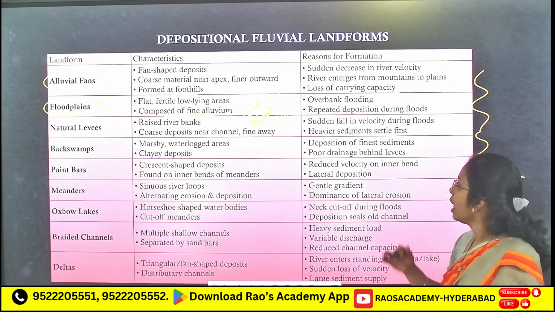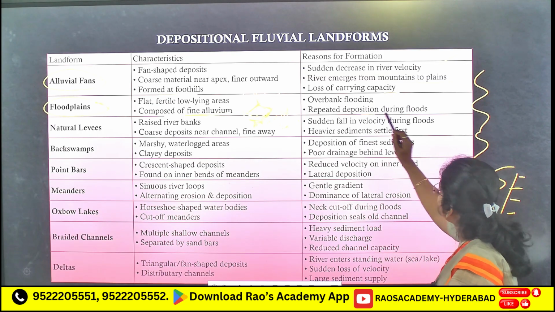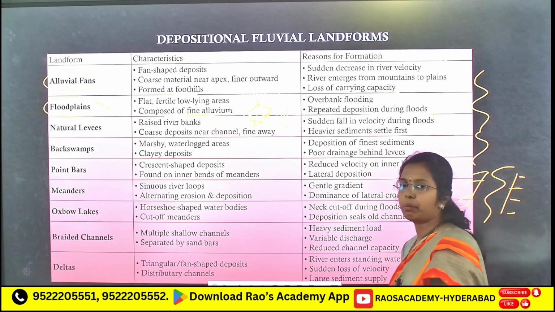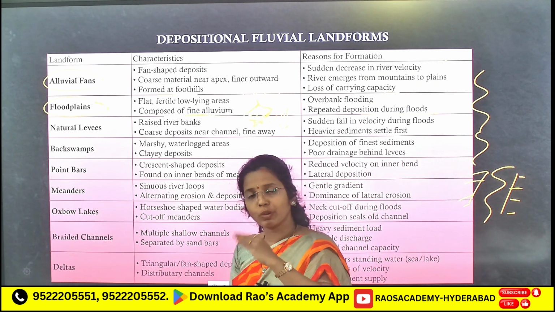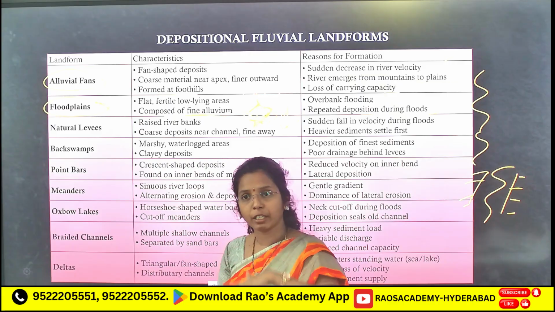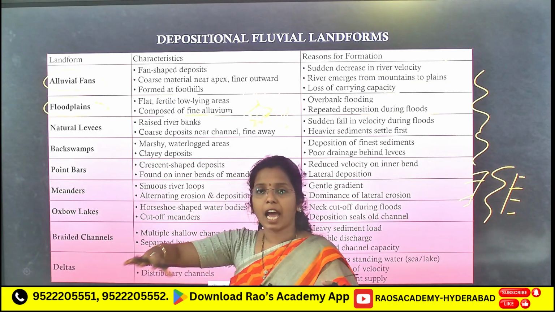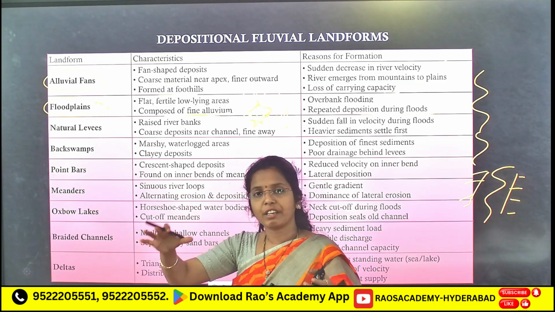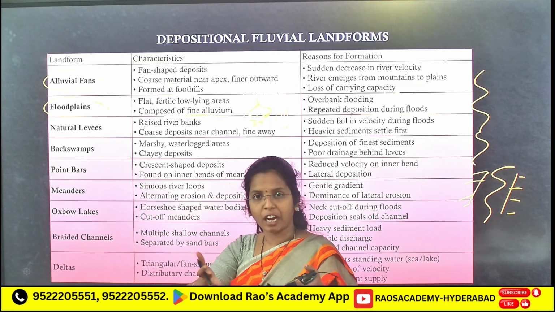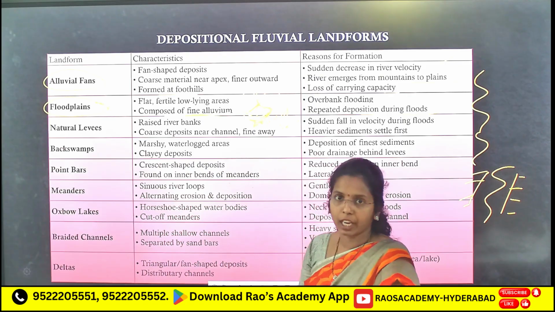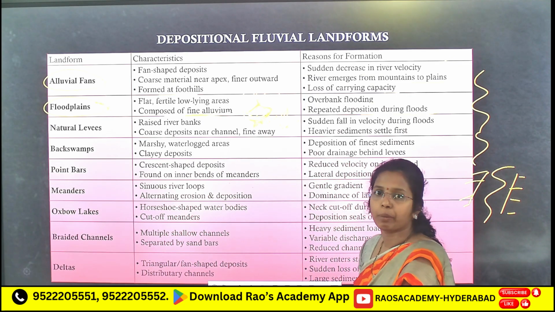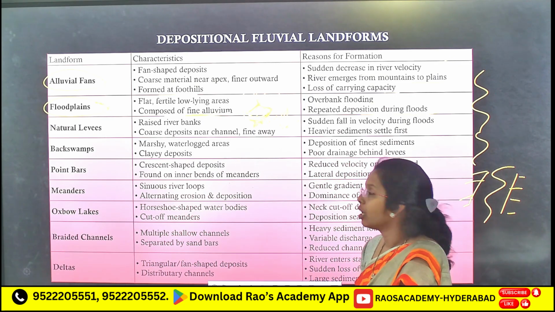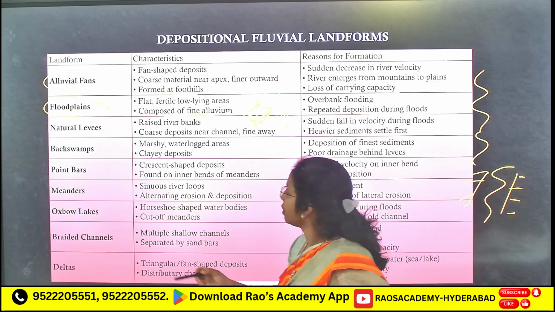In floods you will see repeated deposition, and because of that repeated deposition of fine alluvium, floodplains are formed. Those are very fertile. We are going to see the Gangetic floodplains in Uttar Pradesh.